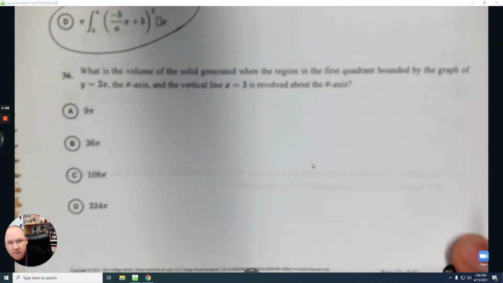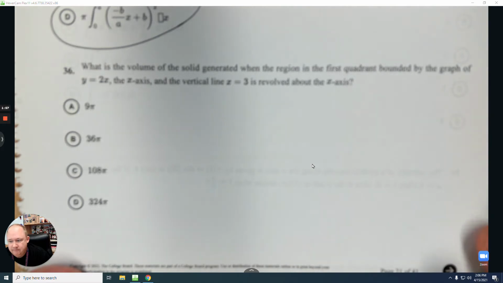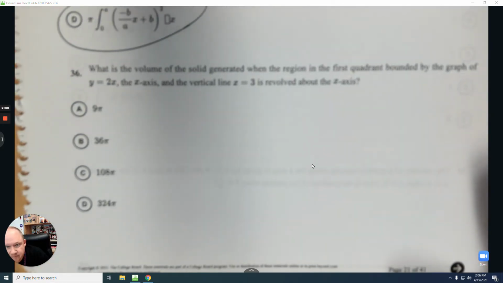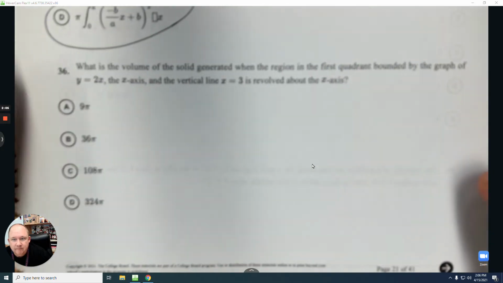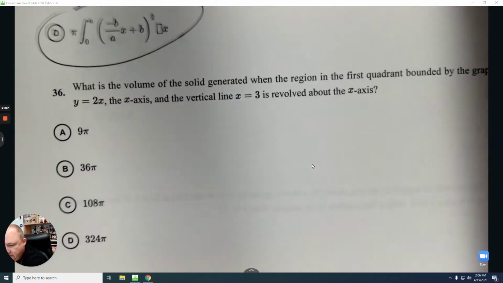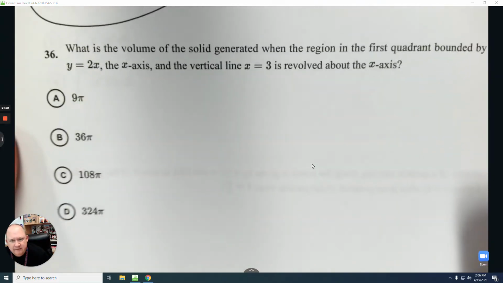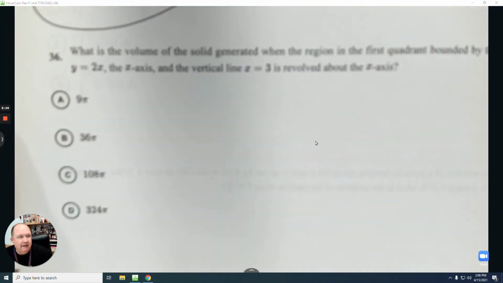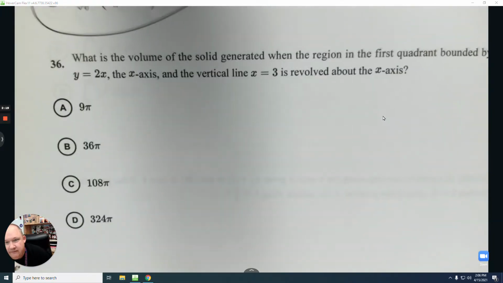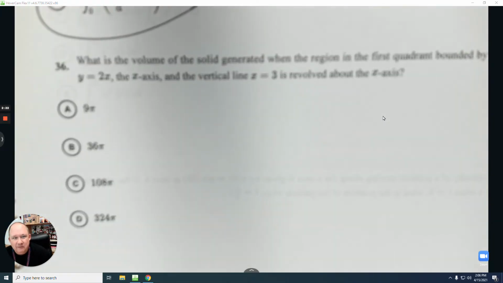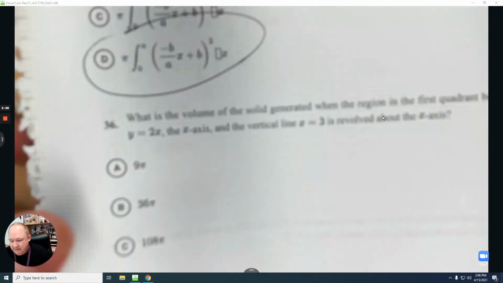Let's see if I can get this focused in here. Maybe if I get just a little closer, it'll focus in. Sometimes I have issues with the focus of this camera. It keeps going in and out, and it's trying to focus. Let me see if I can make it work here.